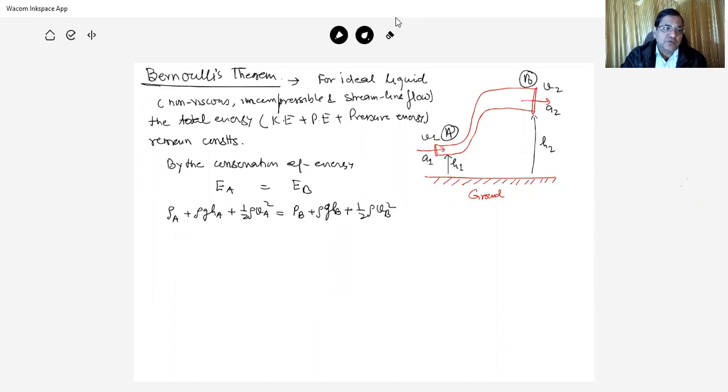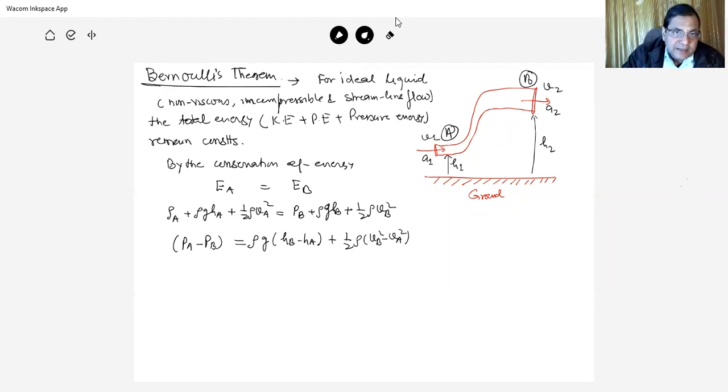This is the kinetic energy term. So what we find, the work done, that is PA minus PB, is equal to rho g (hB minus hA) plus 1/2 rho (vB square minus vA square).